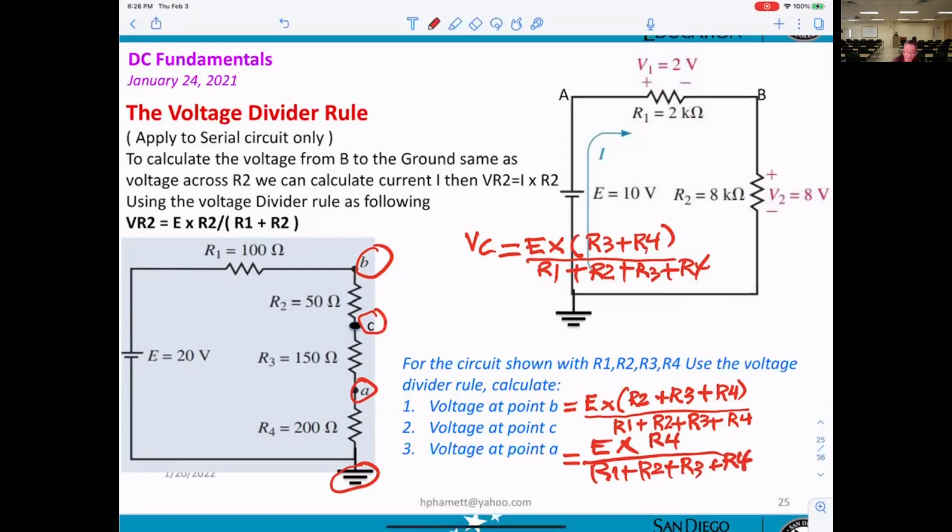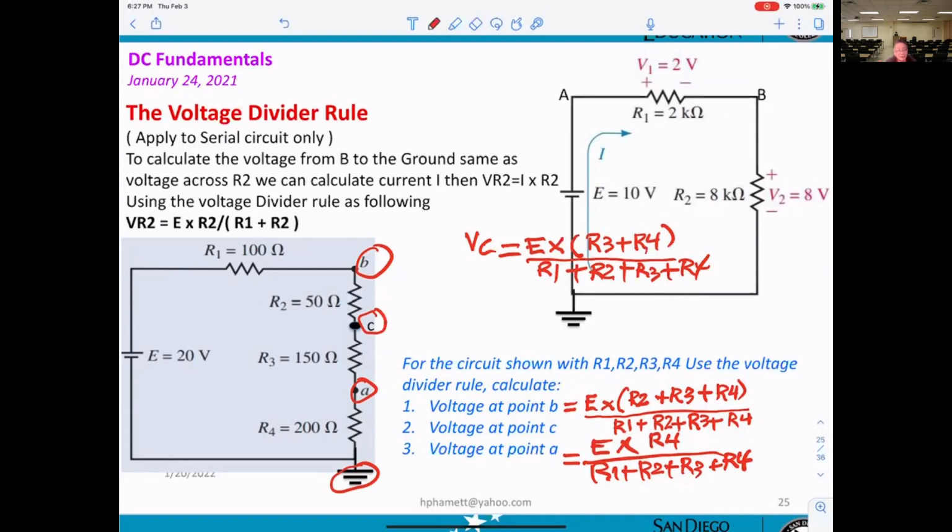Okay, basically, you can do it either way. You can calculate the total resistance, then you calculate the current. Then you calculate the voltage. Now, when they say VB, what does that mean?